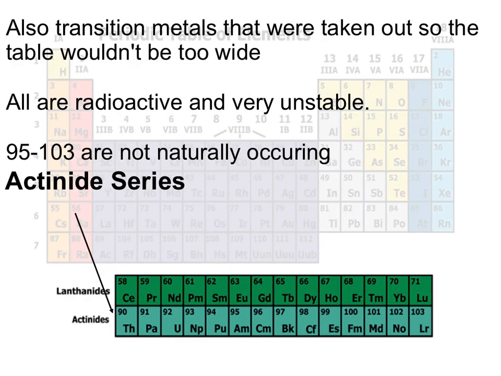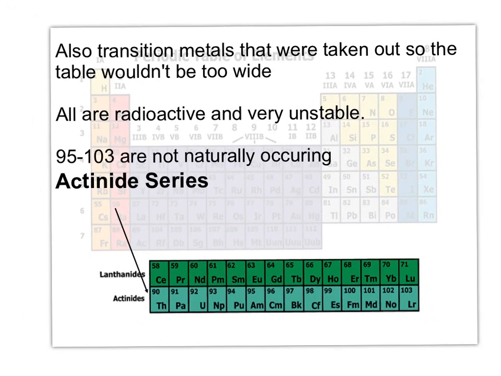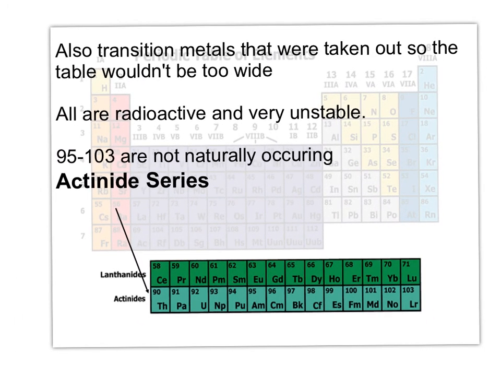Okay, last slide here, folks. Let's be talking about the actinide series, which is the very bottom row down here. Now these tend to be all radioactive elements, and they include such famous ones as uranium, right here, which is U, plutonium, and other elements that are used in making atomic bombs and so forth.